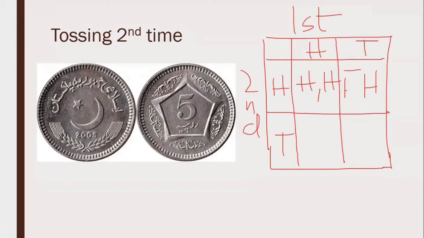Then if the first coin was a head, you can get a tail in the second one, so the possibility becomes head and tail. And lastly, you can get a tail first and a tail second as well, so you can get two tails.